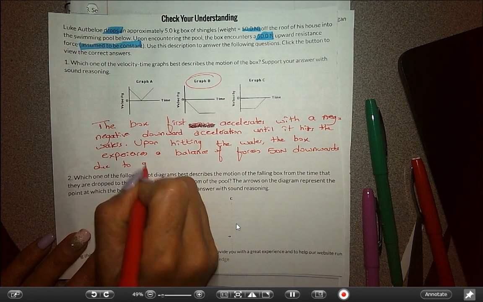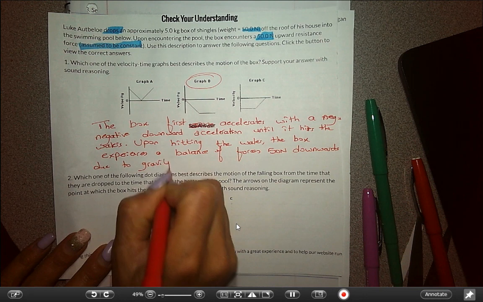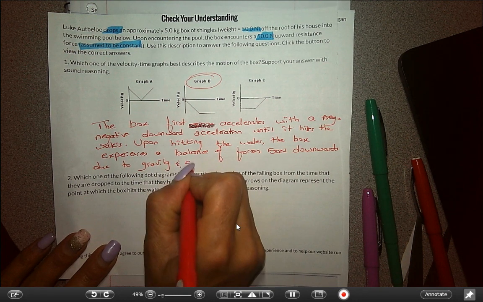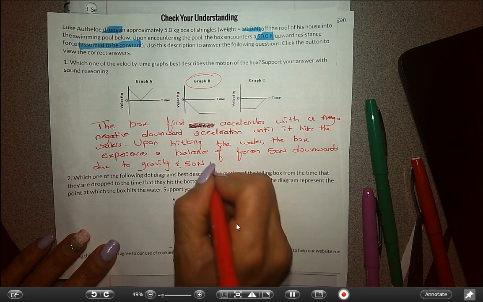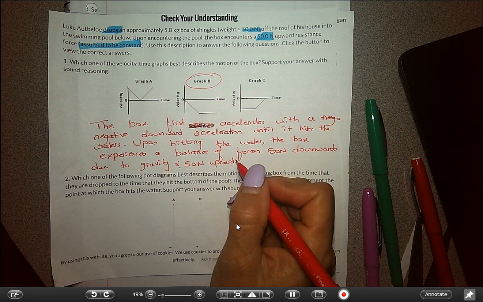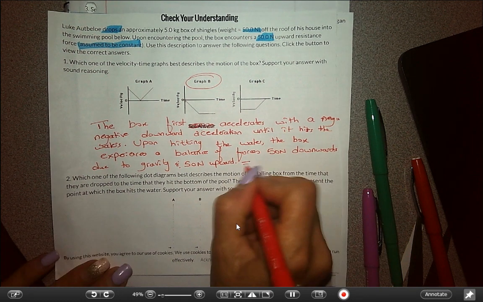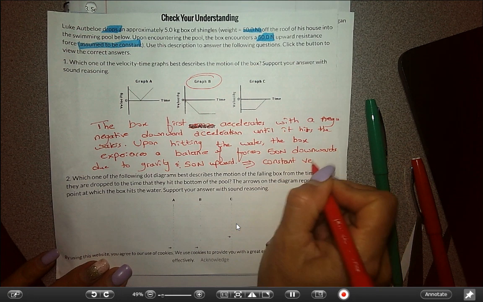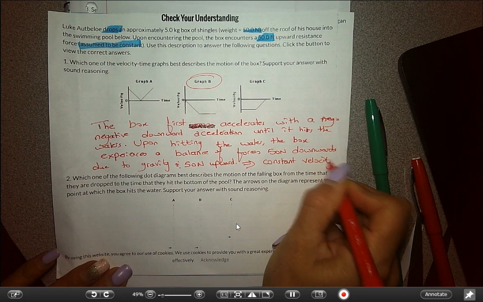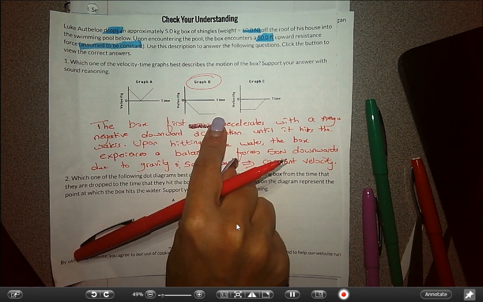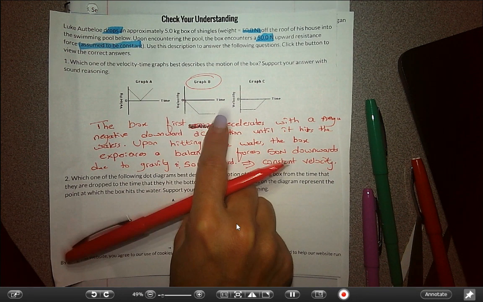It's due to gravity. And 50 Newton, which is the normal force, upwards. So that will lead to a constant velocity. And that is the only one that dropped and then continued at a constant velocity.